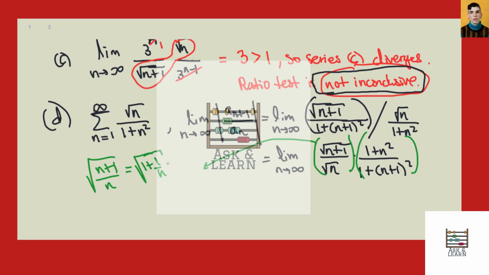And when you take the limit, that goes to 1 plus 0 in the radical, which is just radical 1 equals 1. And similarly, for the second fraction, you can divide by n squared or use L'Hopital's rule, but this limit will also go to 1. So we conclude that the limit goes to 1, and so that the ratio test is inconclusive for part D.